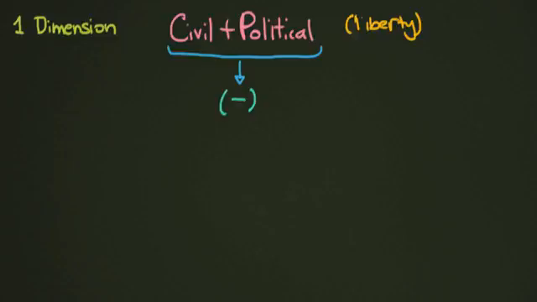And negative rights are hands-off rights. This means that the organization or the country or whatever sort of group is involved has to keep their hands off of the people who are expressing these rights.